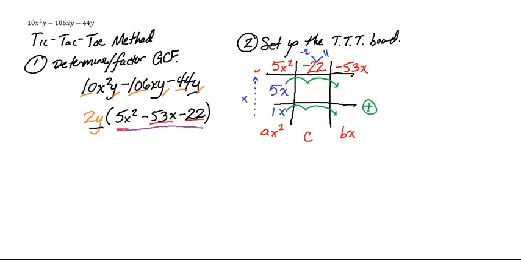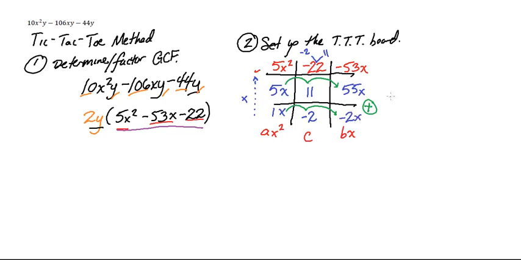Alright. So now, what I'm going to do is the same thing I tried before, but let's switch the positions and see if that changes anything. I'll put the minus 2 here, and I'll put the 11 up here. 5 times 11 is 55x. 1 times negative 2 is negative 2x.